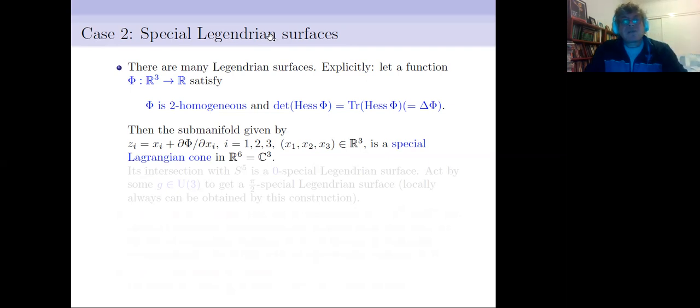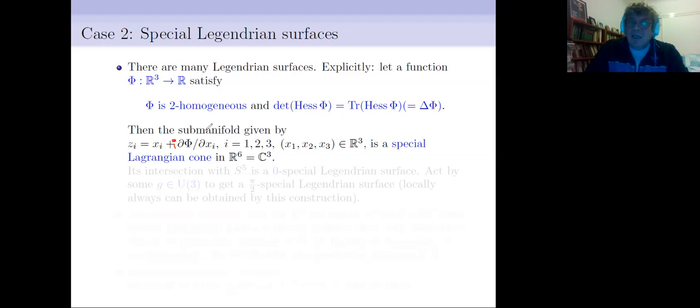Very sorry, there is a typo here. It should be i in front. So you take each of your xi's and you take xi plus i, meaning not these i, not 1, 2, 3, but the root of -1, multiplied by d phi by dxi.